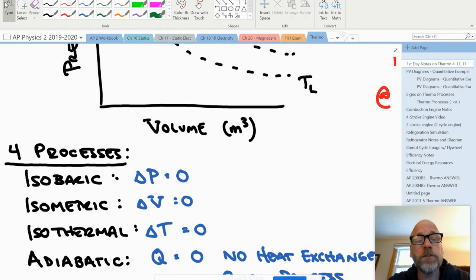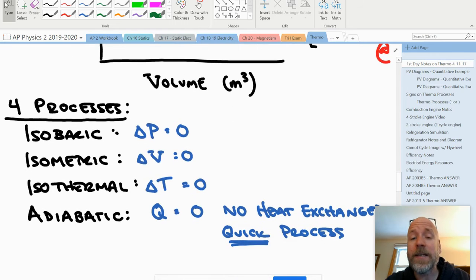Isometric, change in volume is 0. Isothermal, duh. And here's the last one, which I know you haven't heard before. Adiabatic. We'll talk about it tomorrow in more detail, but adiabatic is when the heat is 0. There's no heat exchange because it happens so fast. Those are quick processes.